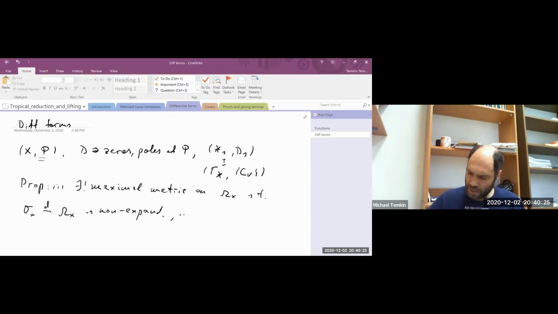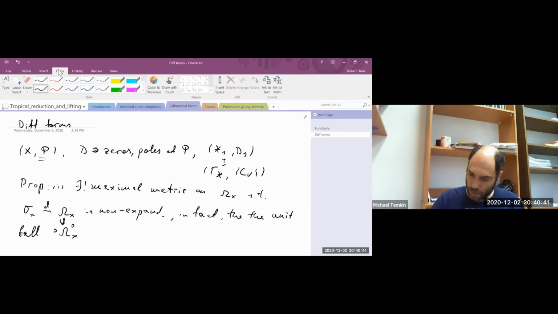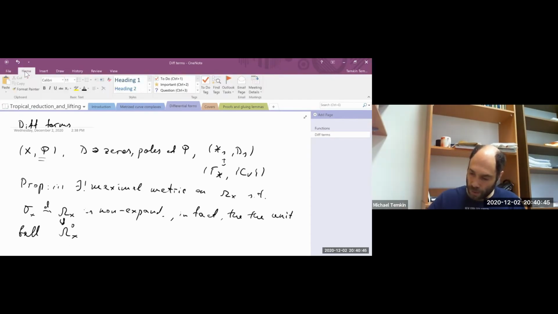And in fact, one can easily describe it just by providing the unit ball, which is a subsheaf. This unit ball is just the sheafification of O_X°, dO_X°.